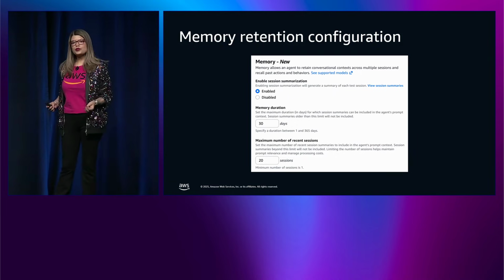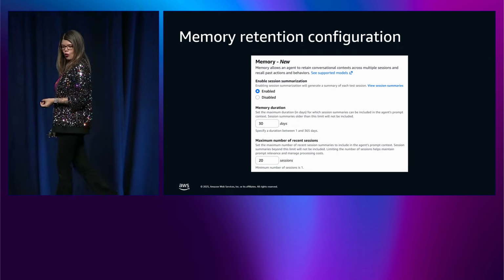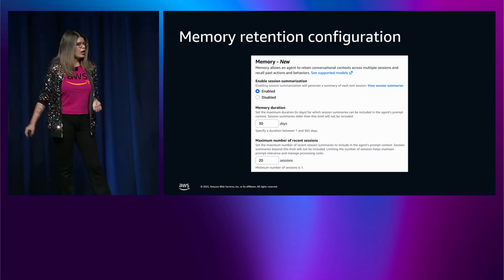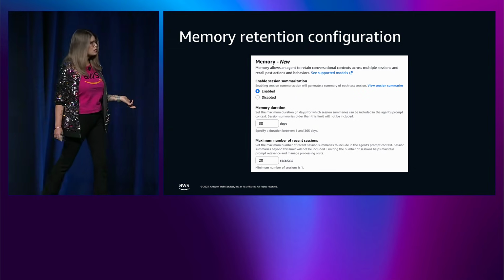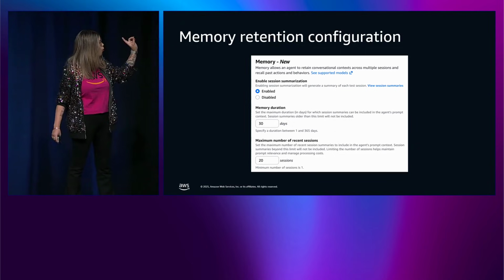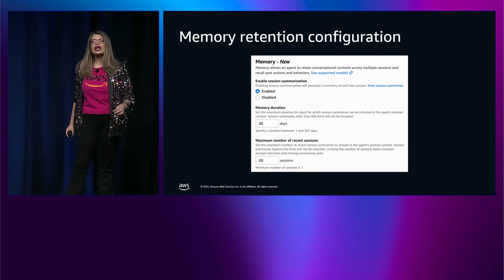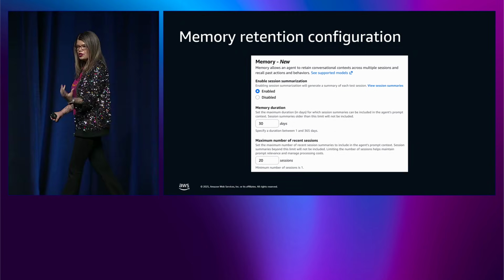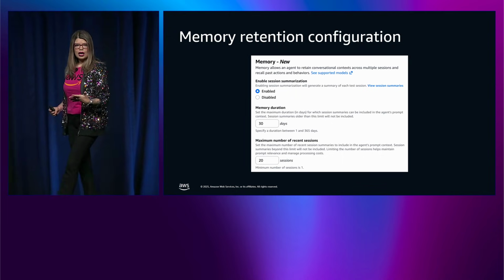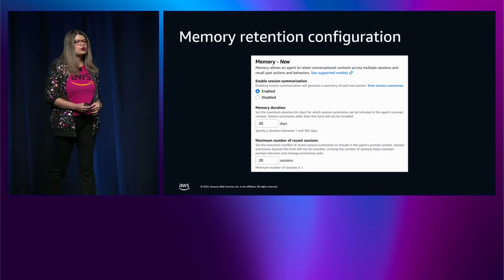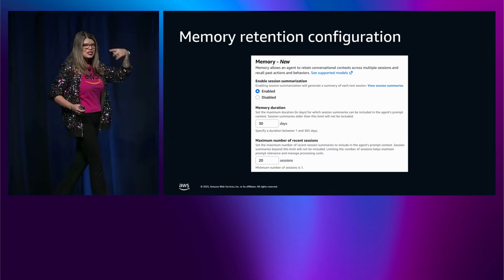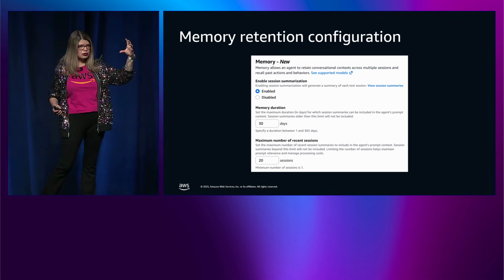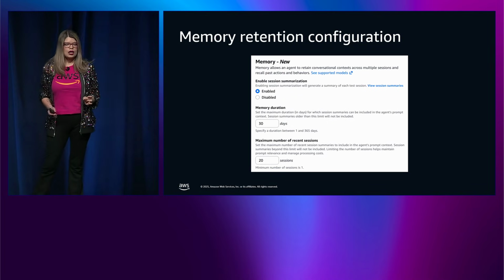It can be up to 365 days, so 1 year. And we are going to choose according to our use case, okay? Minimum of 1 day. And in each session that our user is using our agent, we are also going to choose how many previous sessions will be loaded in that conversation.